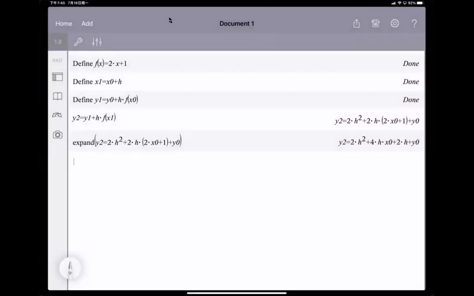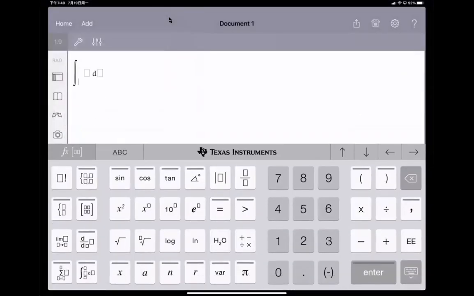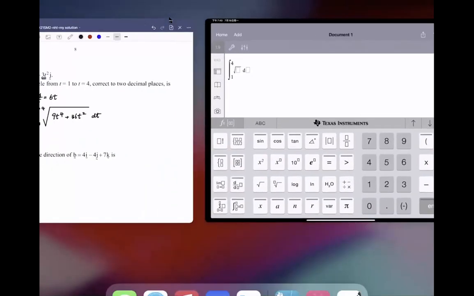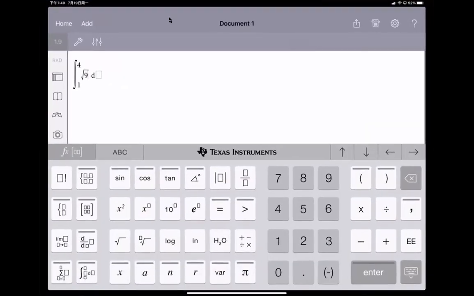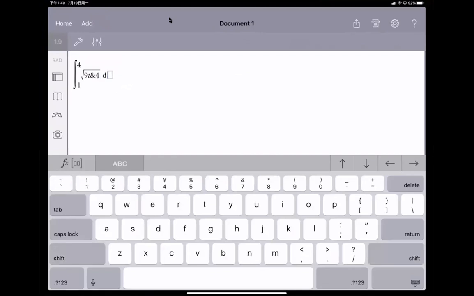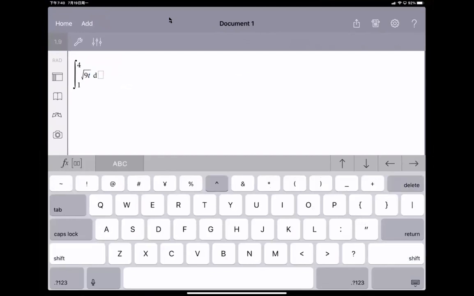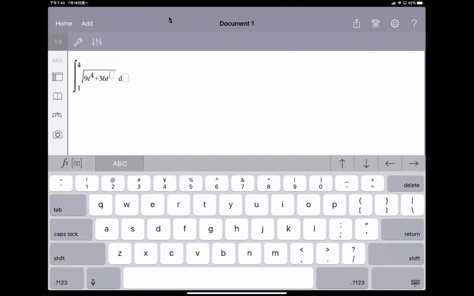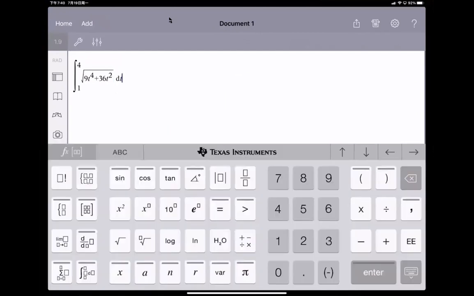So the integral from 1 to 4 of the square root of 9t to the power of 4 plus 36t to the power of 2 dt, and you are calculating the numerical integral, so it's 78.26.